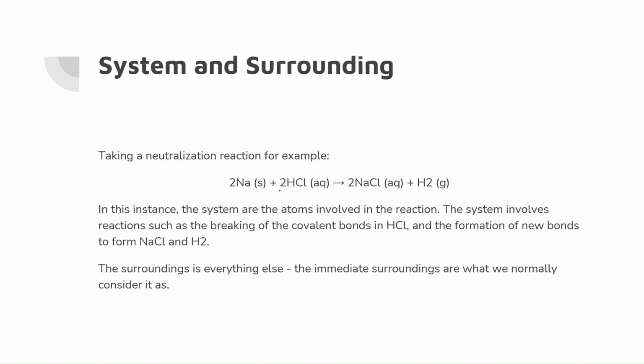So the bond breaking of the hydrochloric acid covalent bonds will be the system. And the bond formation of the sodium chloride ionic bond and the hydrogen covalent bond, this is what they react. These are the systems in this reaction basically. Next is the surroundings, which is basically everything else. So this reaction could be taking place in a trough, and that trough would be what we call the surroundings.